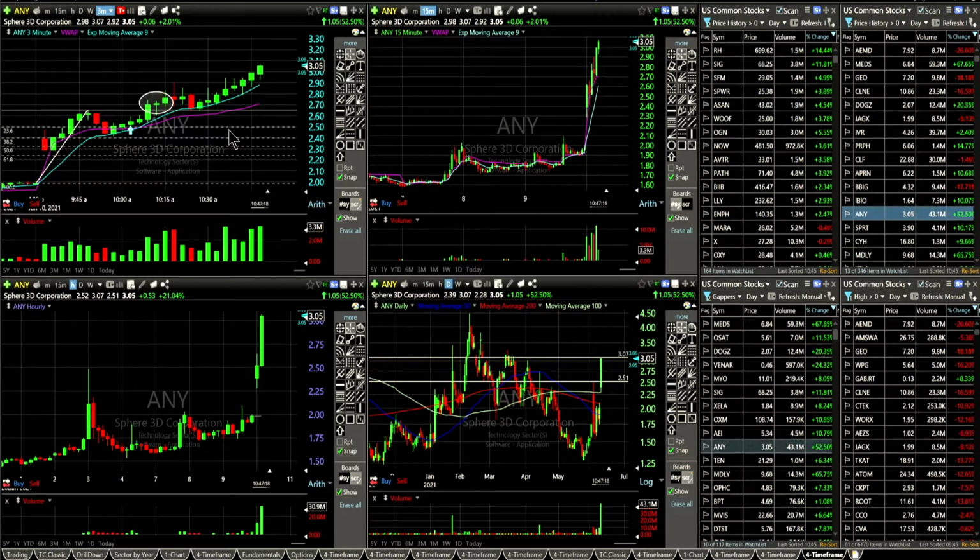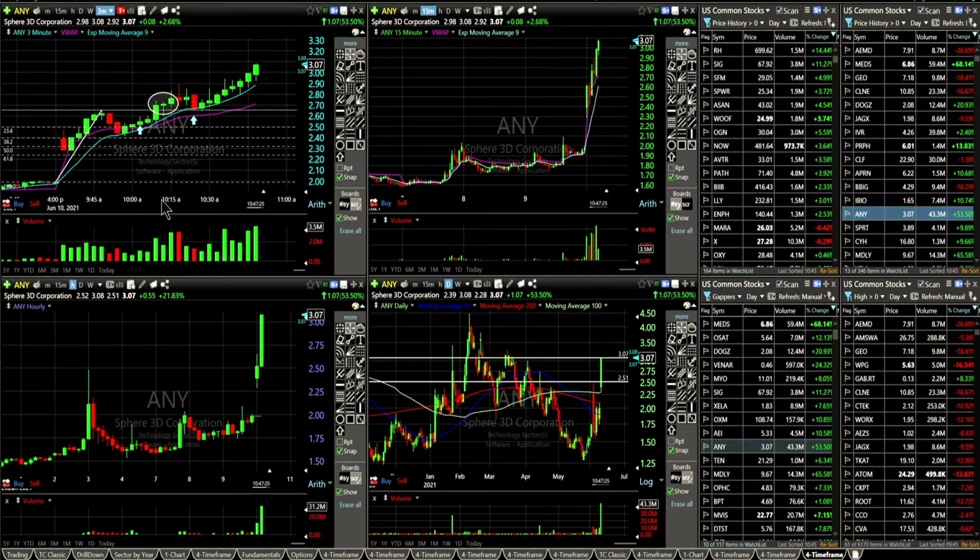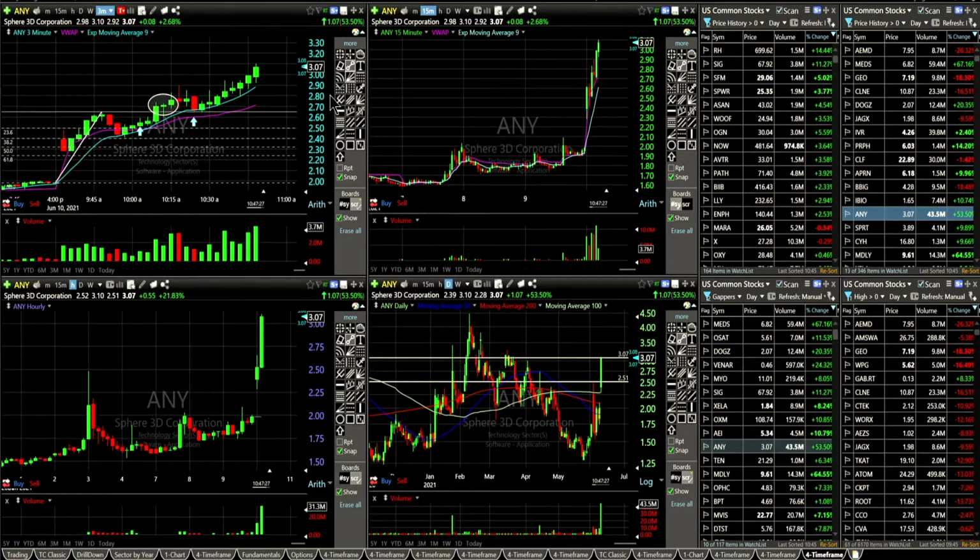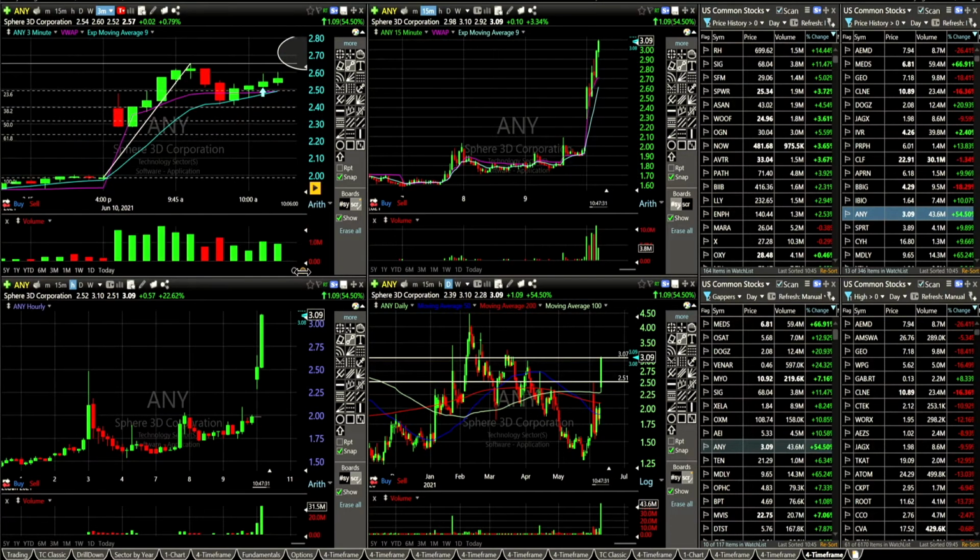Now we're squeezing higher. We could have looked for a re-entry here. We could have looked for a re-entry there. Now, what did I like about this? Well, there were a number of things. We already went over the support zones on the daily, but if you look at this pullback, we had decreasing volume. You had a lot of decreasing volume here on the pullback, and that's a good sign with huge volume on the way up.